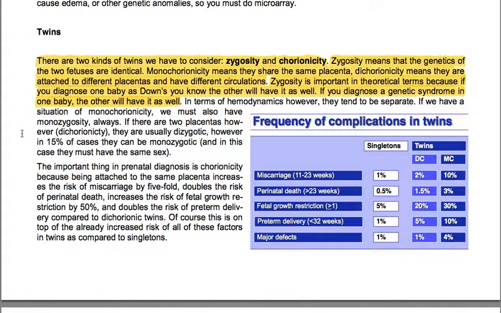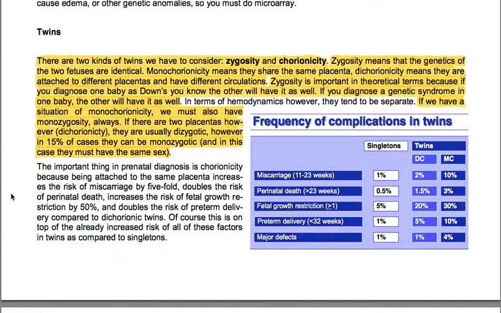If we have a situation of monochorionicity, we must also have monozygosity always. If there are two placentas, however, so the chorionicity, they are usually dizygotic. However, in 15% of cases, they can be monozygotic, and in this case, they must have the same sex.